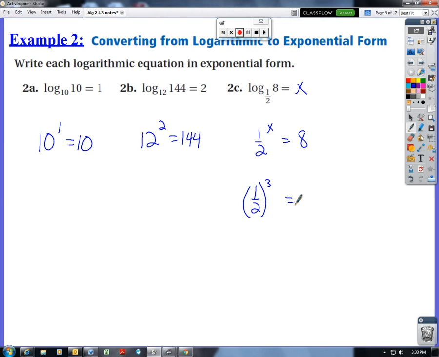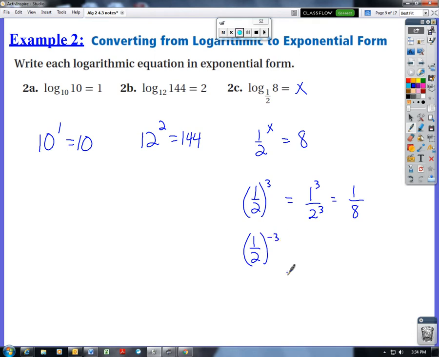So if you had 1/2 to the third, that's the same as 1 to the third over 2 to the third, because the 1/2 is in parentheses, so the power applies to both. 1 to the third is 1, 2 to the third is 8. So if we raise 1/2 to the third, we get 1/8, but we want it to be 8. We want the reciprocal of 1/8. So a logical guess would be -3. 1/2 to the -3.